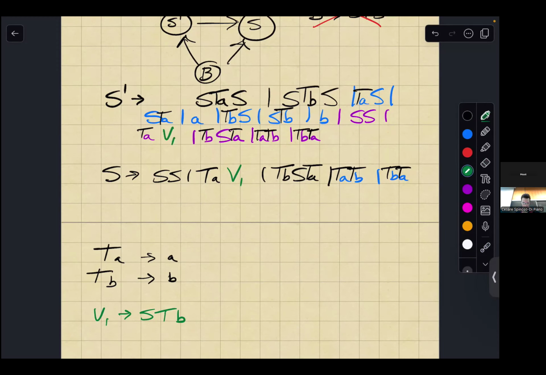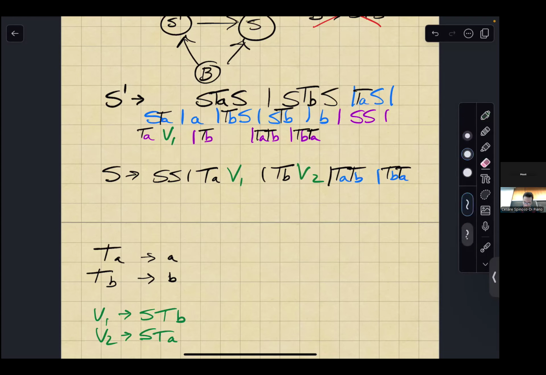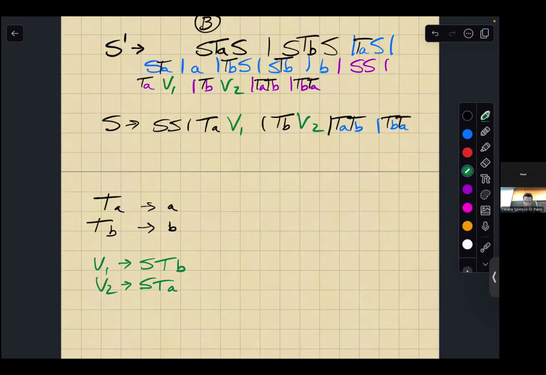And then, so that's good. And then I replace STA with V2. And then TAS and TBS. So V3 is TAS, and then V4 is TBS.